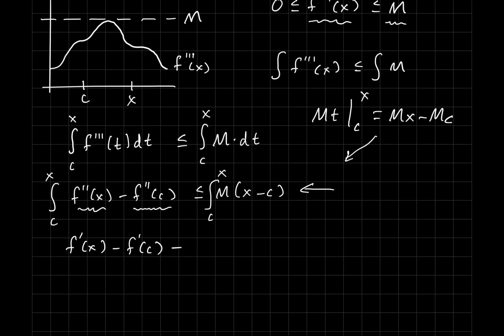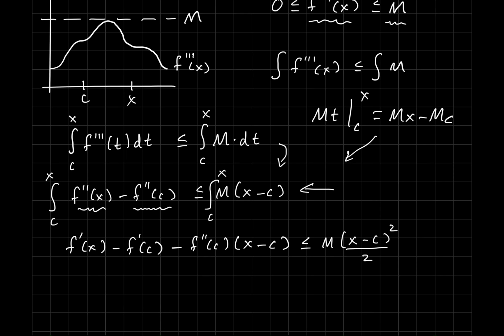Well, f double prime of c is a number, so I can do the constant rule, f double prime of c times x minus c, much as I did this first integral over here. But that's less than or equal to my right side integral, which is constant rule m, and then a power rule, x minus c squared over 2.